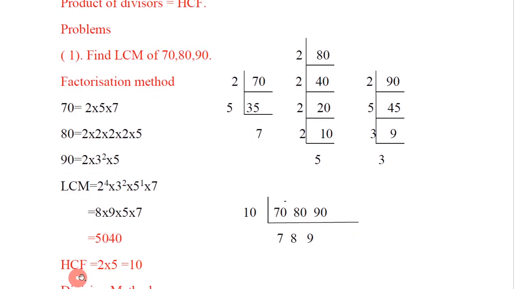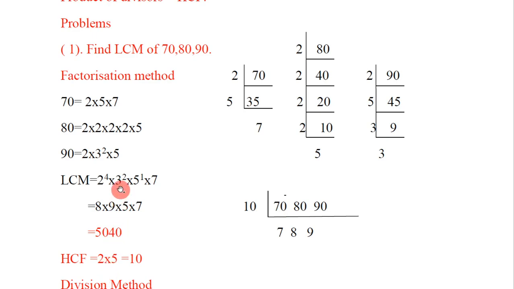Now to find HCF, highest common factor, we have to find the product of the least powers of the prime numbers. That is starting from 2 power now. 2 power 1 here, 2 power 4 here, 2 power 1 here. The least one is 2 power 1. Then 3 power. Here no 3, so we can regard it as 3 power 0. So here it is 3 power 0, here 3 power 0, here 3 power 2. The least one is 3 power 0, which is nothing but 1, or we need not write it.